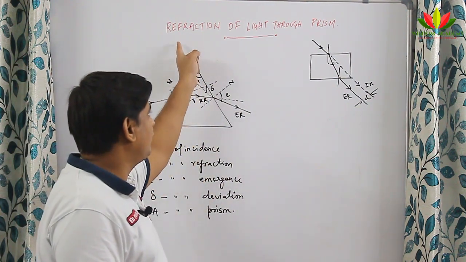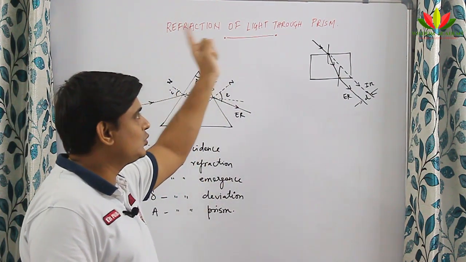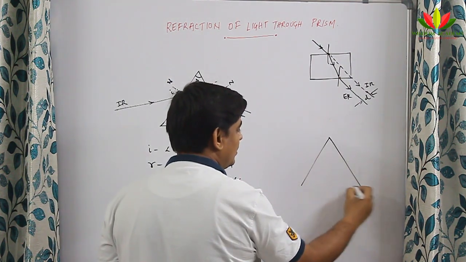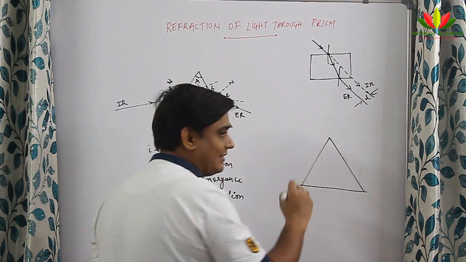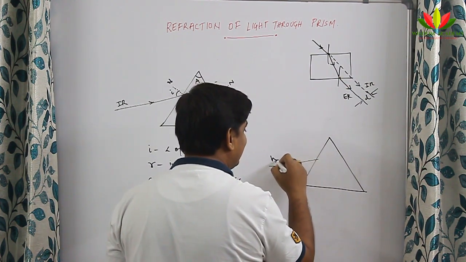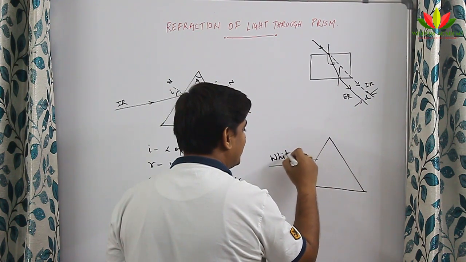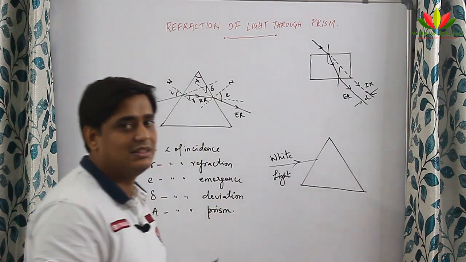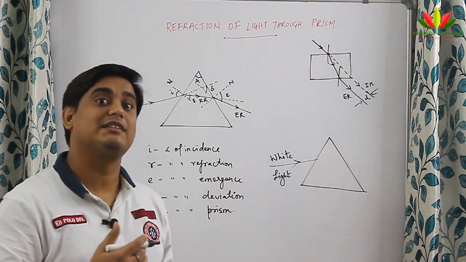Now, if we want to learn about refraction through a prism, this was done by Newton basically, where he took a prism and passed white light, the sunlight, through it. What he observed was that the white light passing through a prism was getting dispersed into 7 different colors.